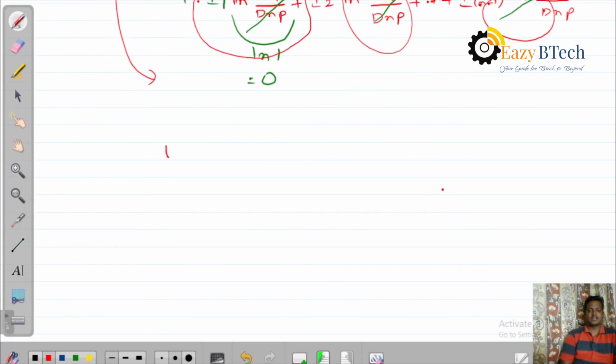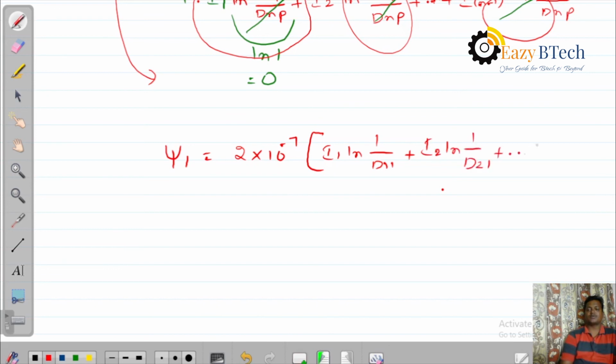Therefore, the flux linkage of conductor 1 is equal to 2 into 10 power minus 7 in bracket I1 ln 1 by d11 plus I2 ln 1 by d21 plus up to In ln 1 by dn1.